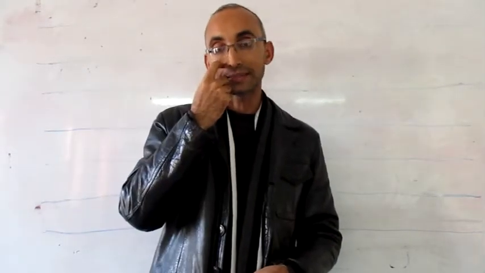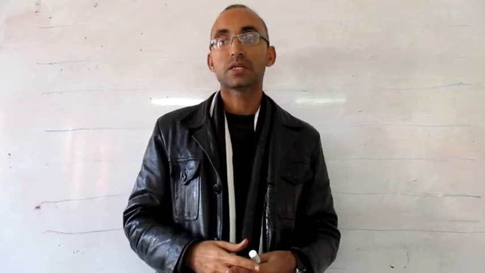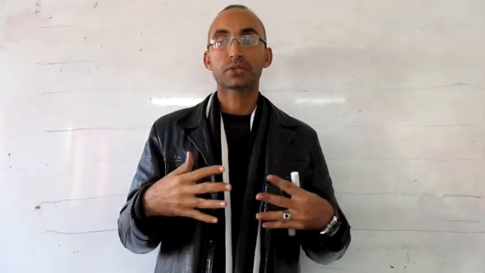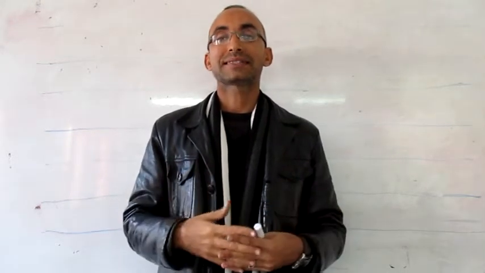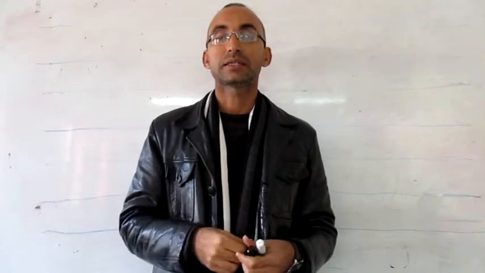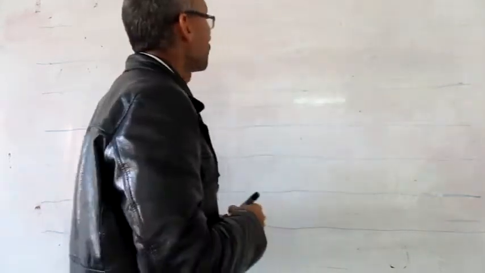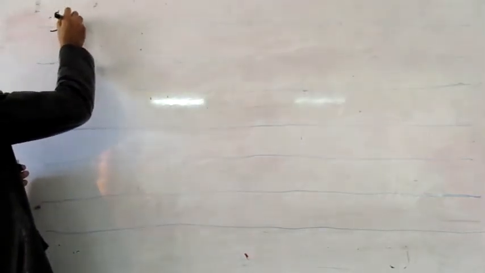Now we move on to our second type of sentences, which is related to the previous type, the simple sentence. Let's take an example. For instance, we write: John held a party, full stop.